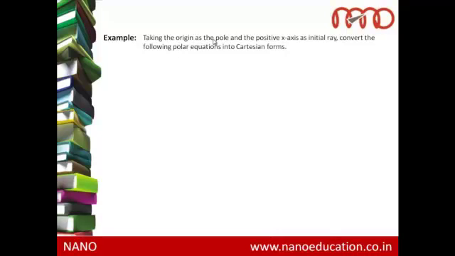Taking the origin as the pole and the positive x-axis as initial ray, convert the following polar equations into Cartesian forms. So here in these questions we will be given some polar equations and our target will be to convert them into Cartesian forms. The first polar equation we are given is r² cos 2θ = a².